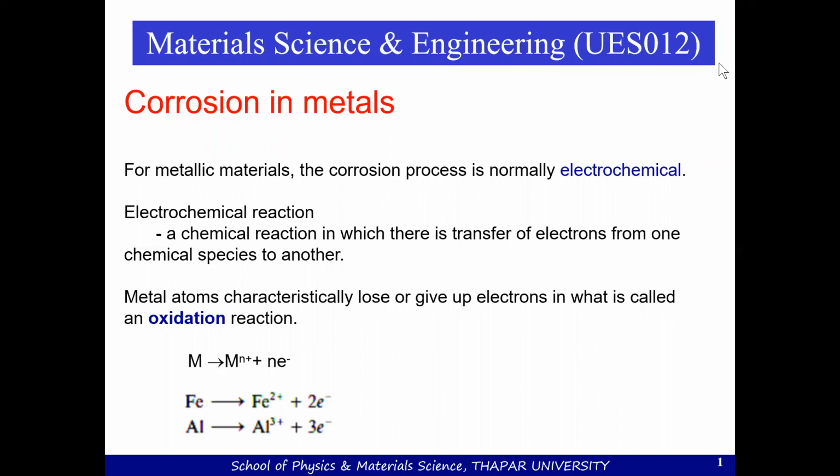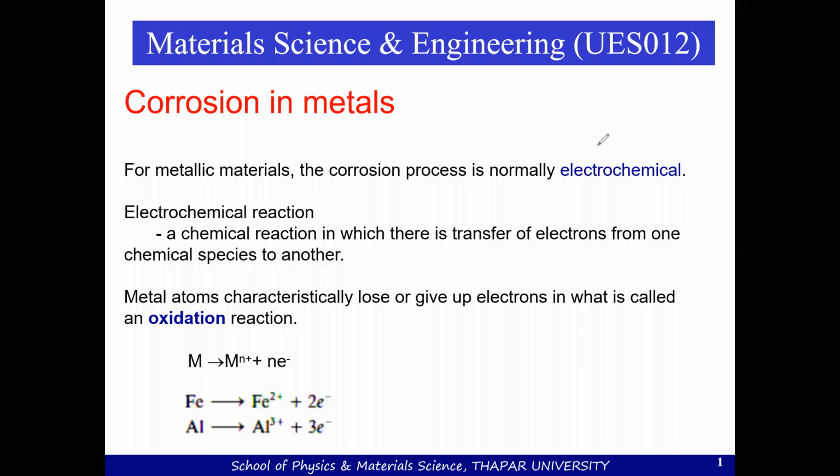So let us try to understand what exactly the phenomenon of corrosion is. Remember, whenever I refer to corrosion, I am referring to corrosion in metals. If somebody asks me technically what exactly corrosion is, my answer is that corrosion is nothing but an electrochemical reaction. We have studied electrochemical reactions in our chemistry course.